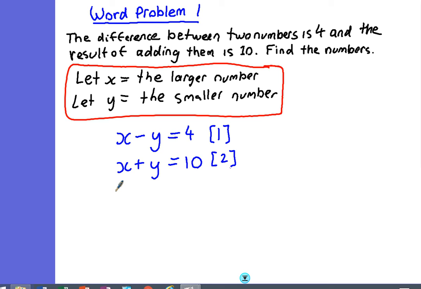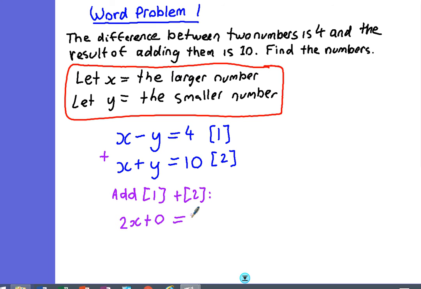So add 1 and 2, and we get 2x on one side because we're adding the x's, and the y's cancel. On the other side we have to do the same operation on both sides.